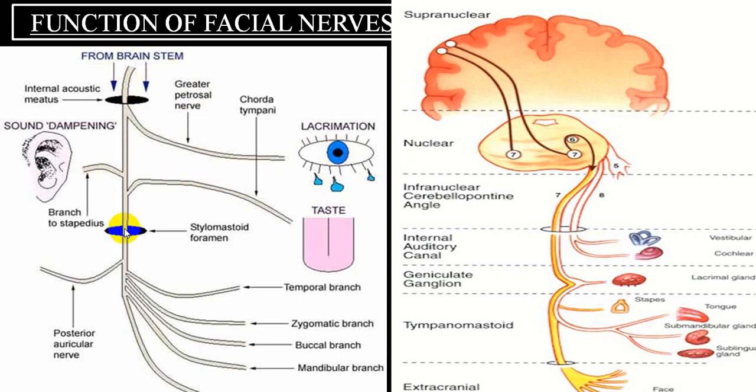Before coming out of the stylomastoid foramen, there will be one branch which will be chorda tympani, which will be supplying anterior 2/3 of the tongue, and along with that the fibers will also run and supply submandibular and sublingual salivary gland. Posterior auricular branch and two other branches, that is to digastric belly and stylohyoid muscle, and it will be supplying temporal, zygomatic, buccal, mandibular and cervical branches to the facial muscles.